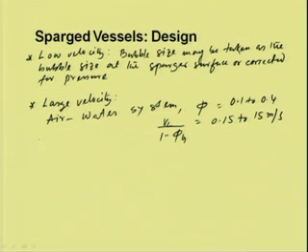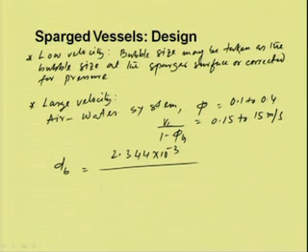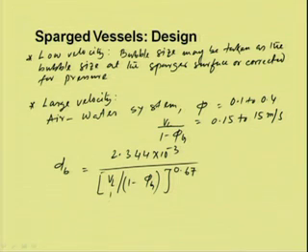In this case, the bubble size can be approximated and dB can be calculated as 2.344 10 to the power minus 3 into VL by 1 minus phi g to the power 0.67, and VL is in meter per second and dB in meter.